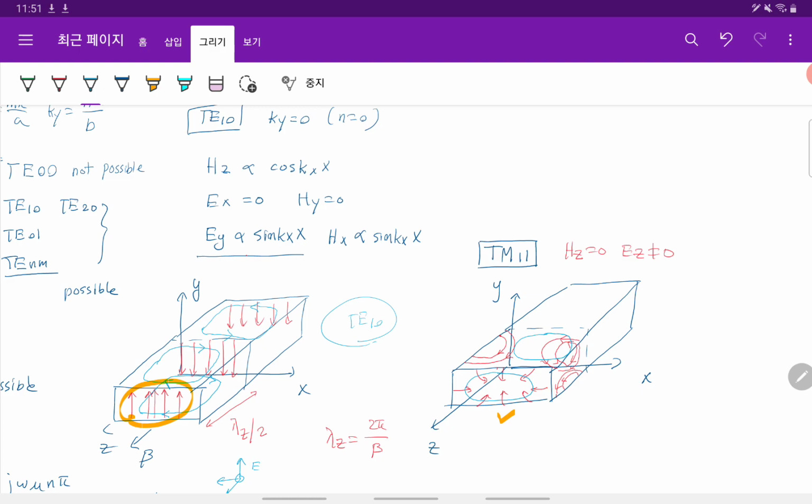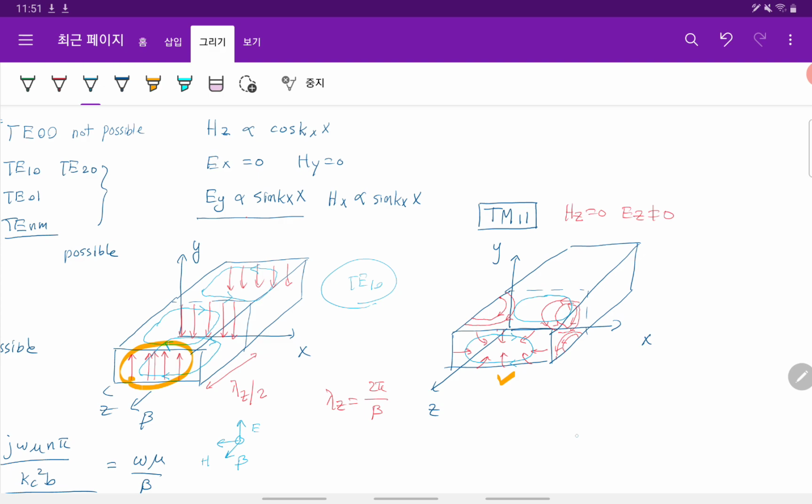Right? And then to maintain propagation in the z direction, the electric field and H field should follow this direction. So E is here, H is this, beta is this, right? So this will be the opposite direction. Yeah, so this is the TM mode, right? If you see these two things, we see a completely different story, right?